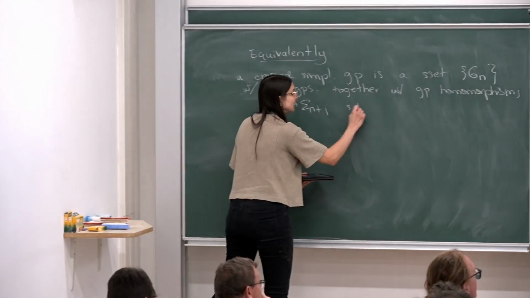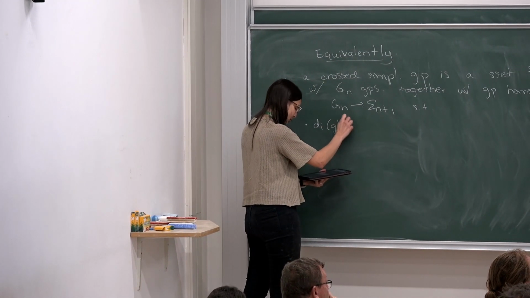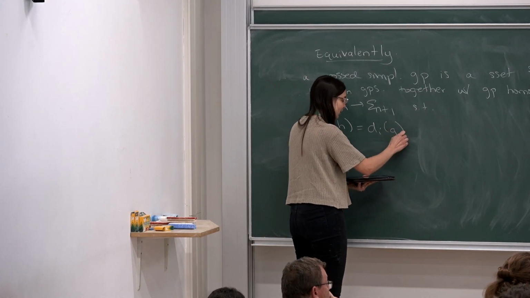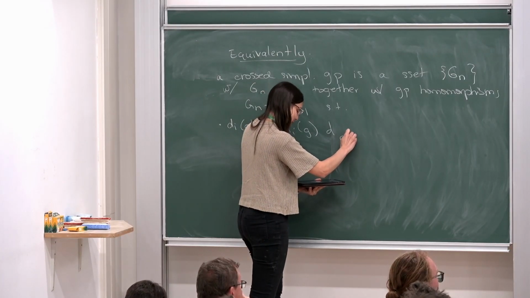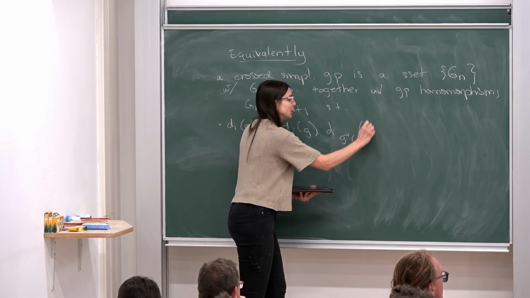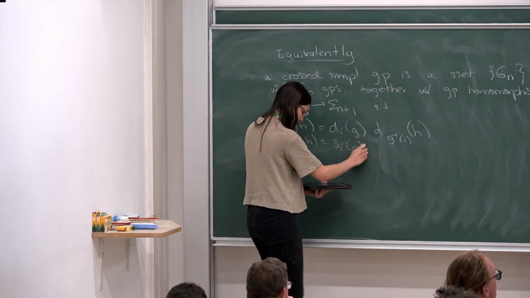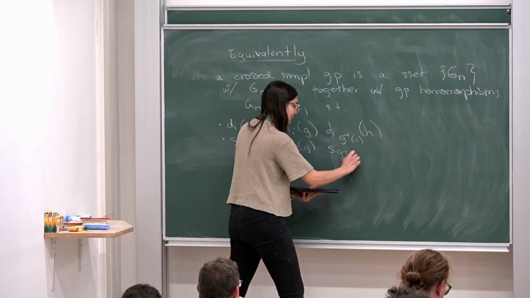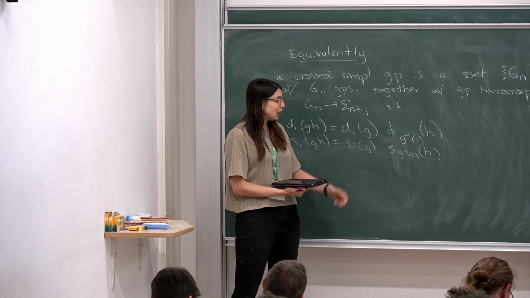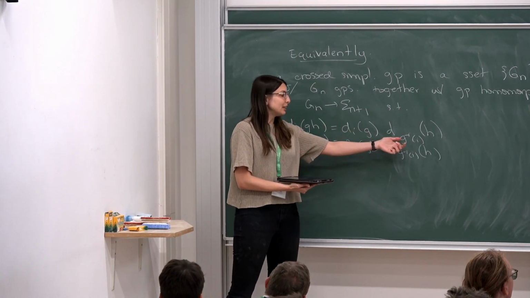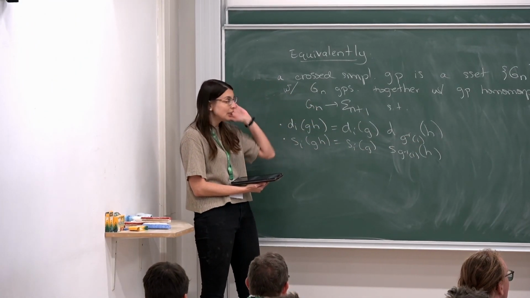So such that, if I look at di of gh, this is going to be di of g, and again we're going to have this twisting, so this is going to be d g inverse i of h. And similarly, si of gh is going to be si g, s g inverse i h. Okay, so now I'm slightly abusing notation when I'm writing an element applied to an i, I'm implicitly using this homomorphism.